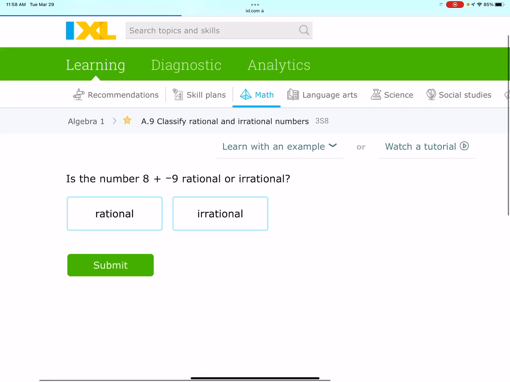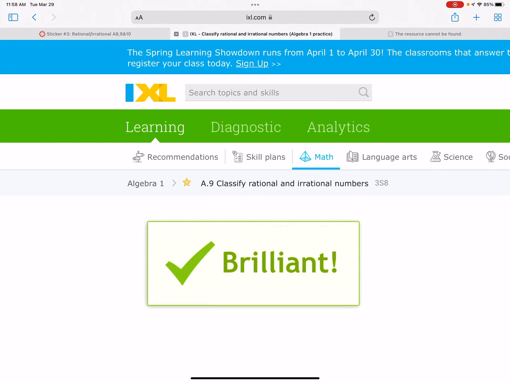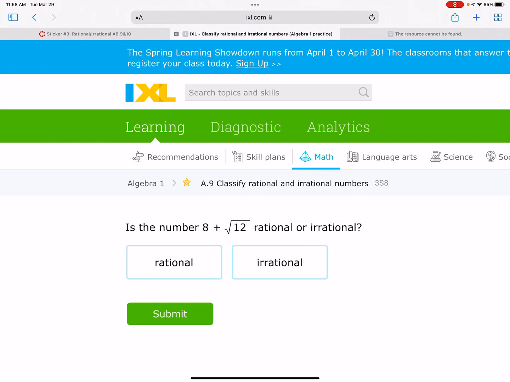These are similar to the ones we did in class. When I add 2 rationals, I get rational. Add an irrational to a rational, we get irrational. Irrational to irrational, still irrational.